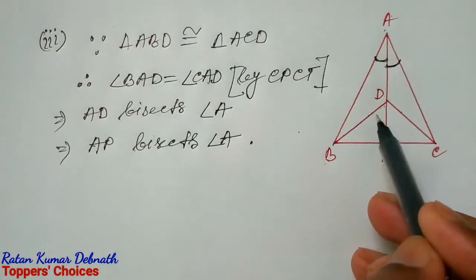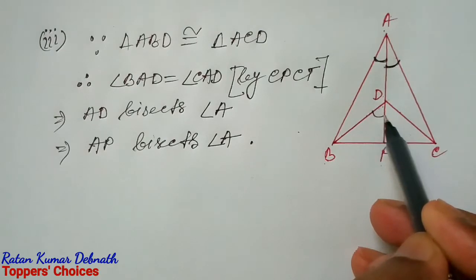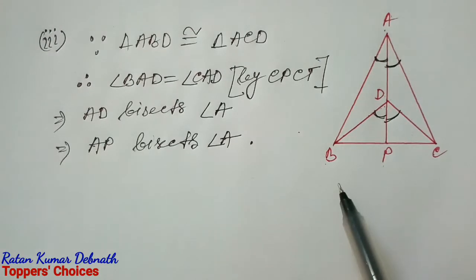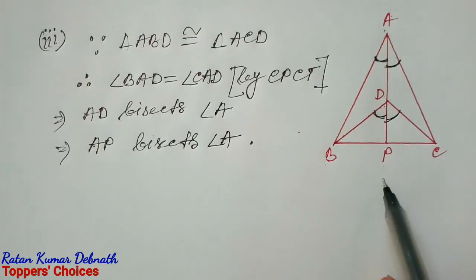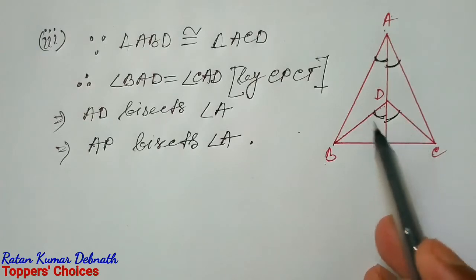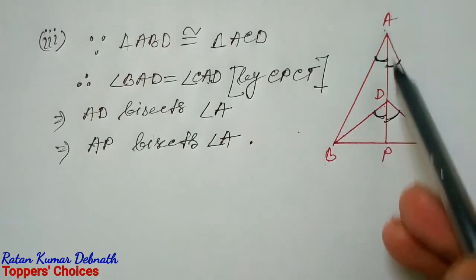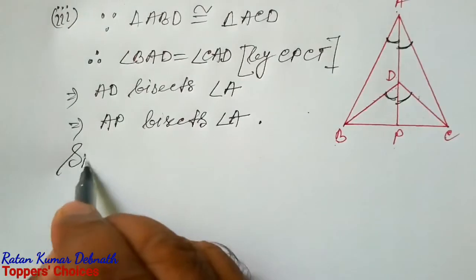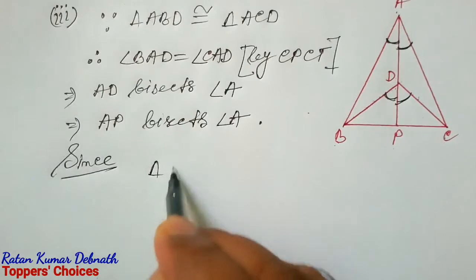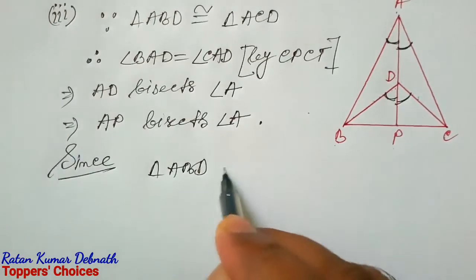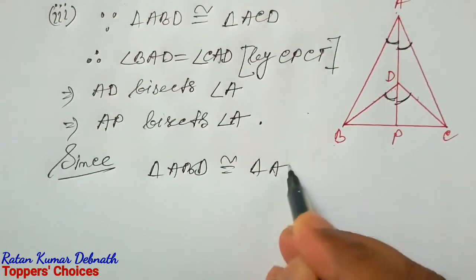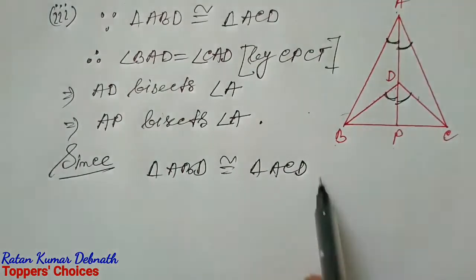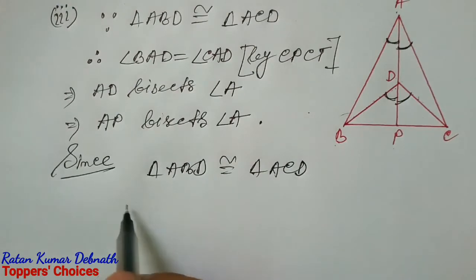Now we are going to prove this angle equals this angle, that is DP bisects angle D, that is AP bisects angle D. Since triangle ABD is congruent to triangle ACD, we already proved these two triangles are congruent.